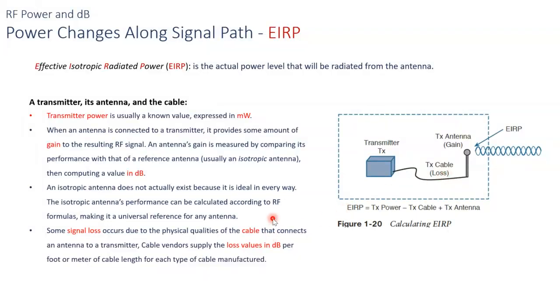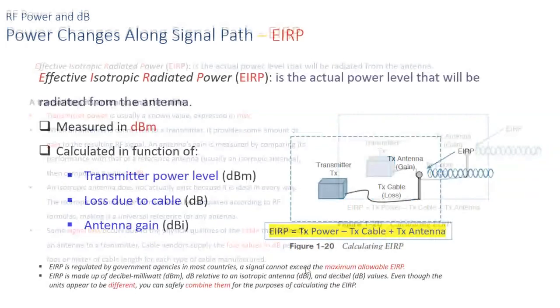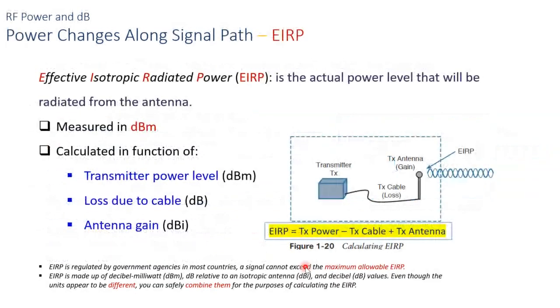So if it is 10 meters long, its loss is this much; if it is 20 meters long, its loss is that much. For each type of cable manufactured. The effective isotropic radiated power, EIRP, is the actual power level that will be radiated from the antenna. It is measured in dBm, calculated in function of transmitter power level, loss due to cable, and antenna gain.